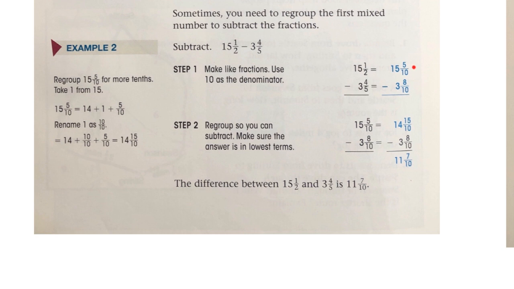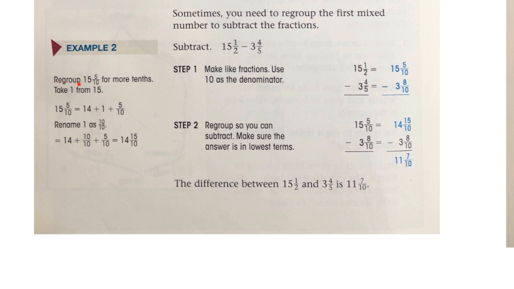So 15 5/10, 3 8/10. If we wanted to subtract, we would take 8 from 5, but we need to regroup first. So that's step 2. We need to regroup so we can subtract.